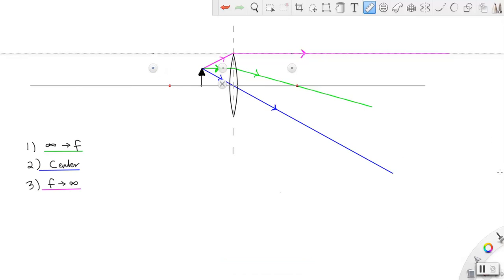Let's use a little bit of a lighter and dashed line. I like to use dashed lines for these because they're not real, they're just apparent rays. So let me do that again with the green here. So we have a ray that appears to be coming along this line.